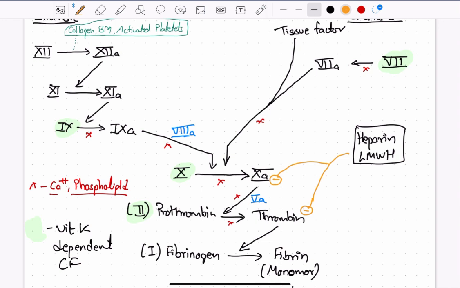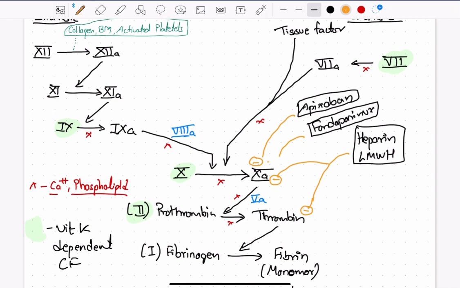Then there is another drug which is a direct factor 10A inhibitor called apixaban. This drug will directly inhibit factor 10A. And also there is another drug called fondaparinux, which is just a synthetic form of low molecular weight heparin, will also inhibit factor 10A.